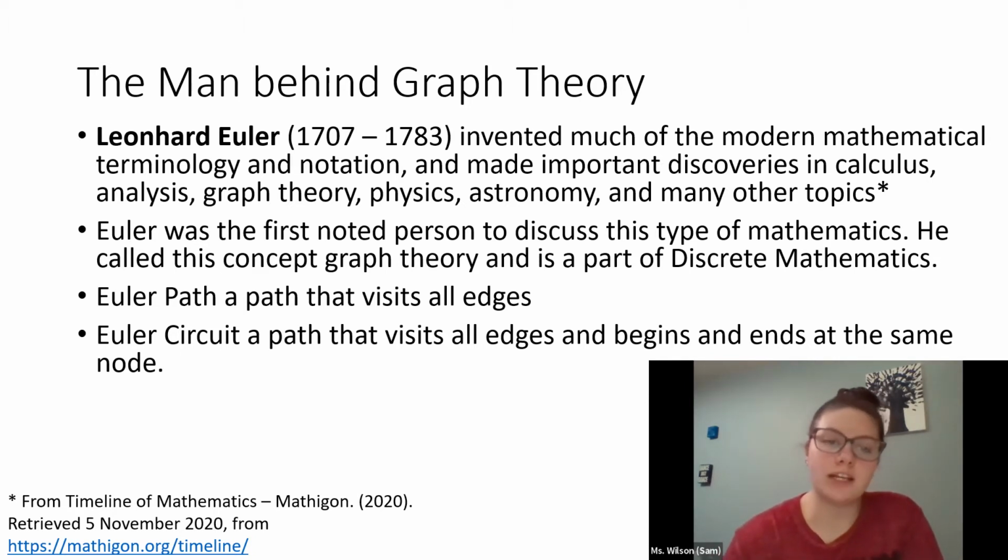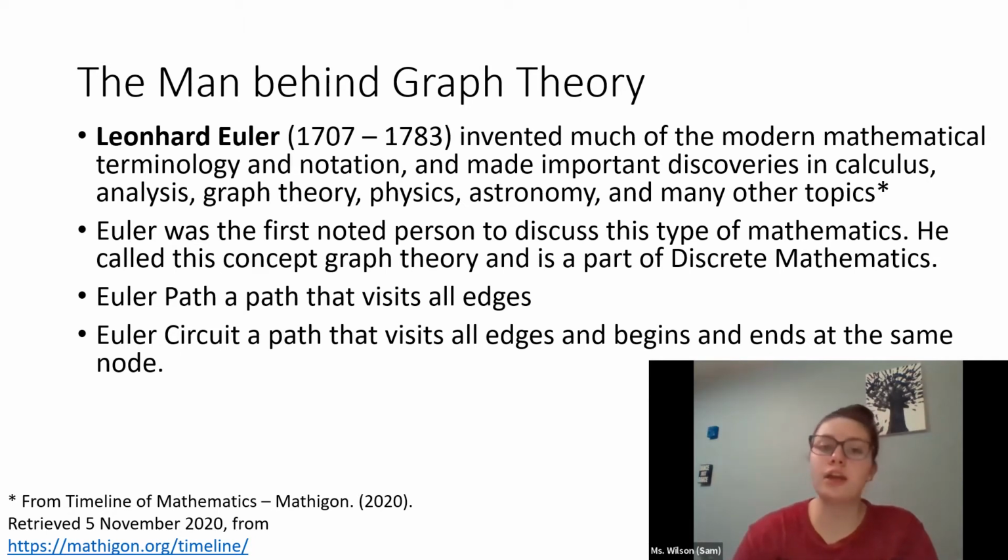Euler also invented the Euler path and Euler circuit. A Euler path is a path that visits all of the edges. So in our bridge problem, that means that he would cross every bridge. Euler paths do not focus on the nodes or vertices. They only focus on the edges.